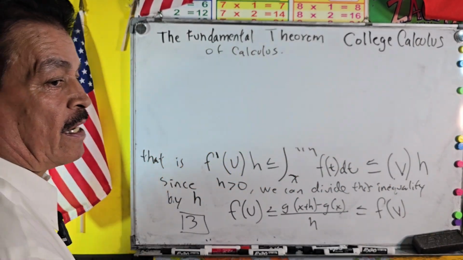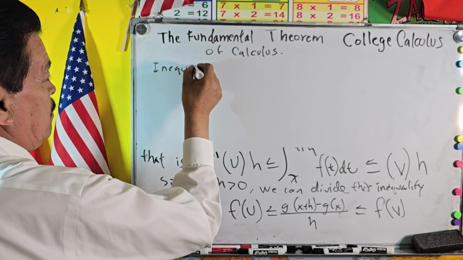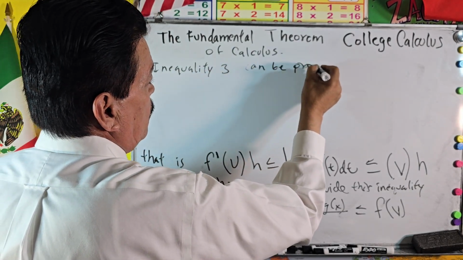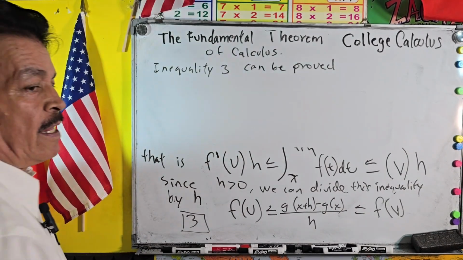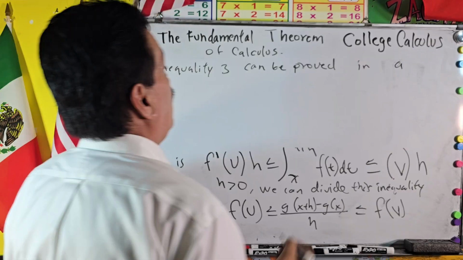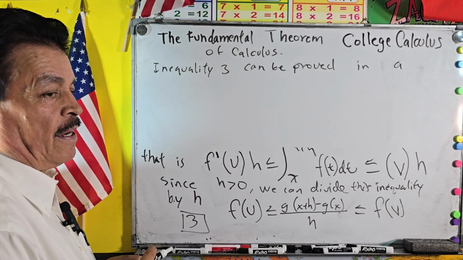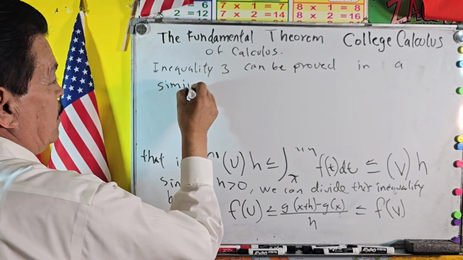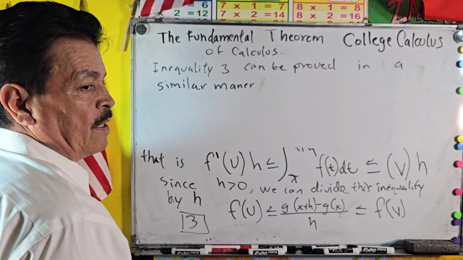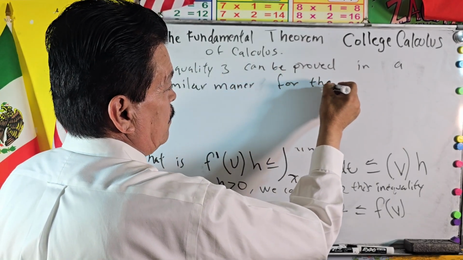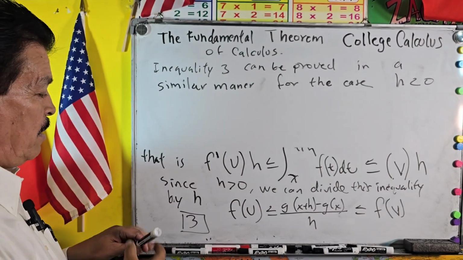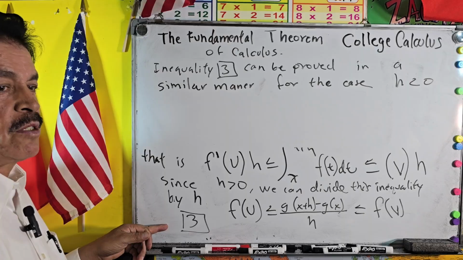So inequality 3 can be proved in a similar manner for the case h less than 0. We're talking about number 3.